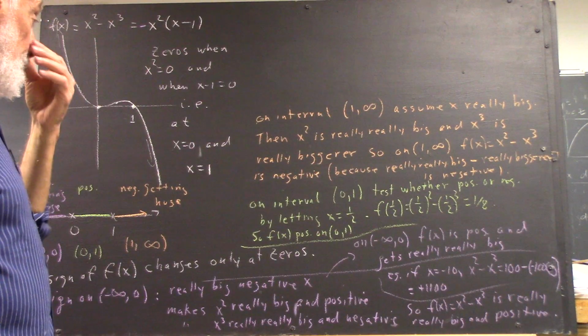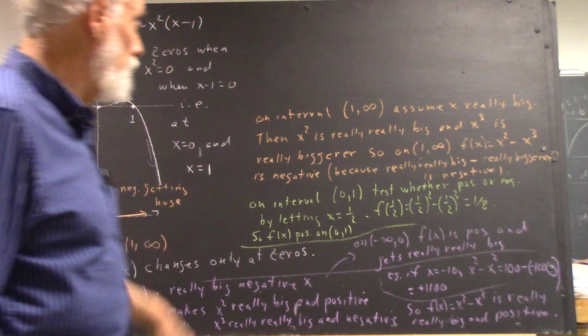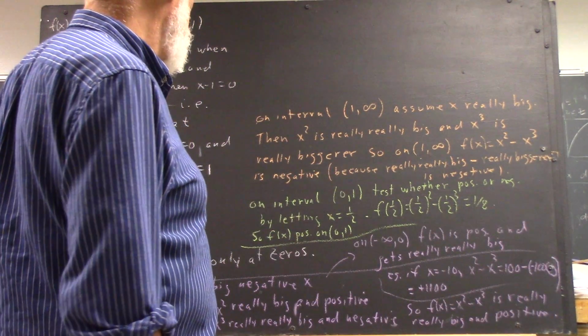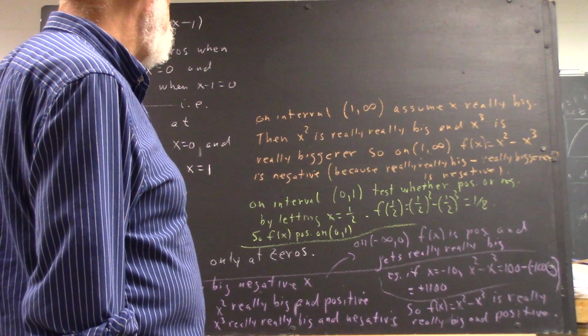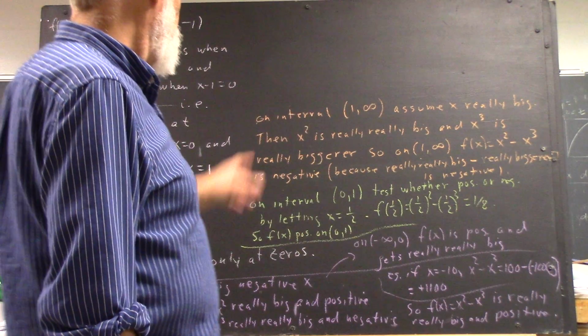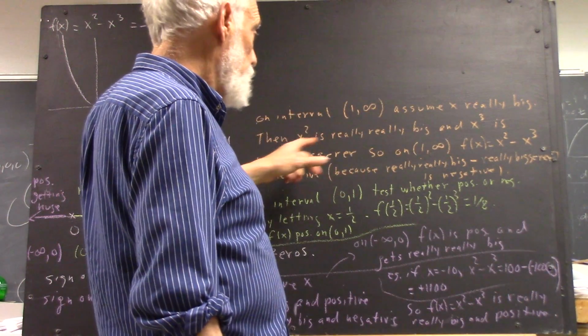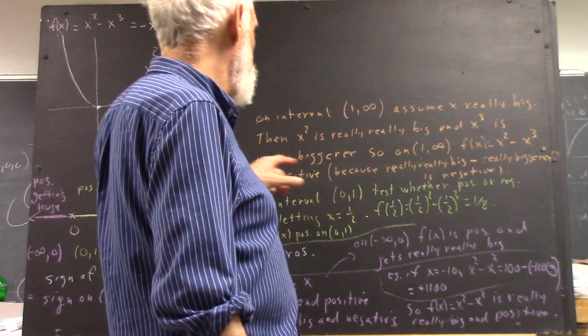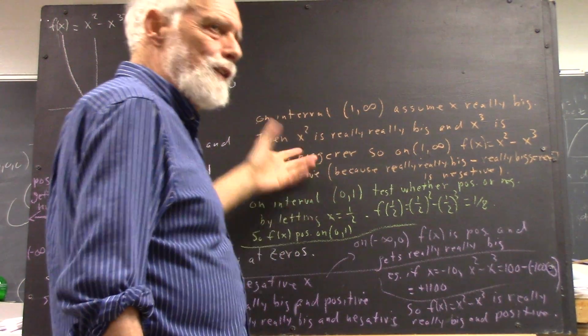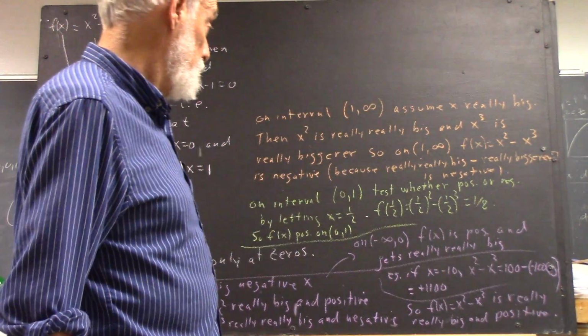Anything else that I've written here that I think is worth pointing out? Not really. I do say on the interval from 1 to infinity, we assume x is really big, then x squared is really big, and x cubed is really bigger. That's just indicating that x cubed is a lot bigger than x squared if x is big.